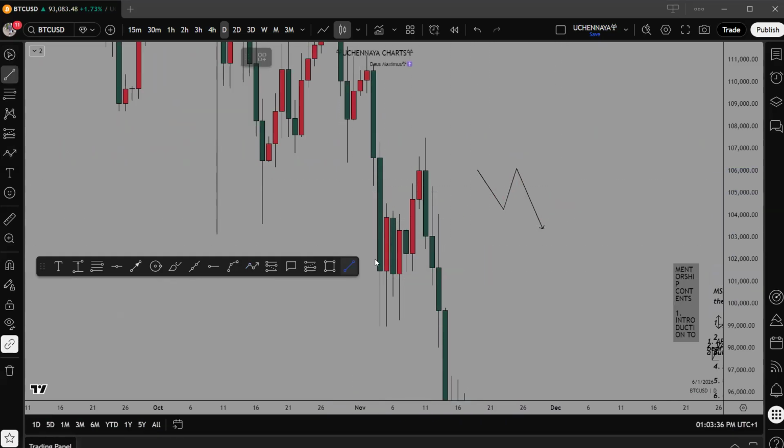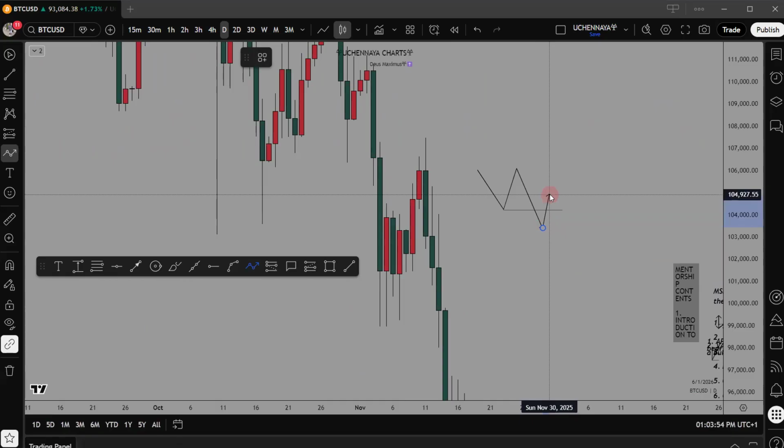Now, you can also call it left shoulder. This is a resistance that gets broken and turns into a support. Now, QML is a support, a left shoulder.